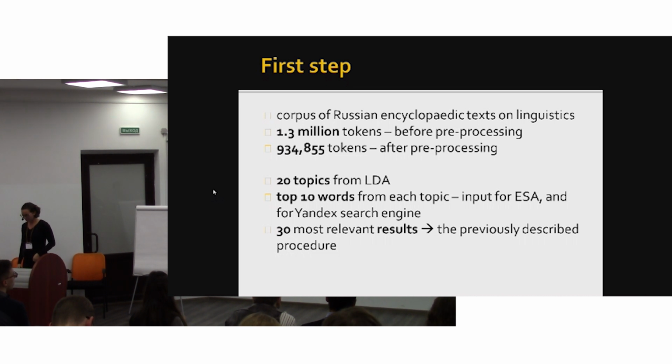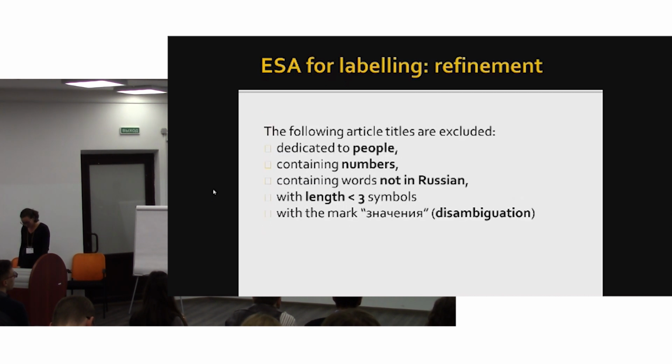But before doing so for ESA, we examined the articles' titles yielded by ESA and decided to edit them by excluding some of them. First of all, the articles that are dedicated to people, because people's names are not likely to make a meaningful topic label. Also those containing numbers, because numbers are not supposed to serve as a topic label.